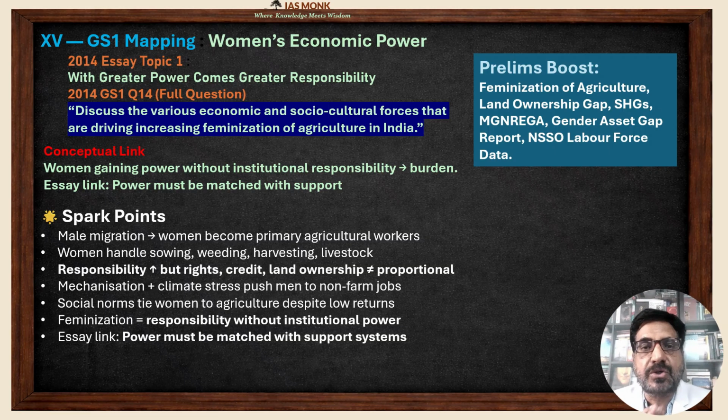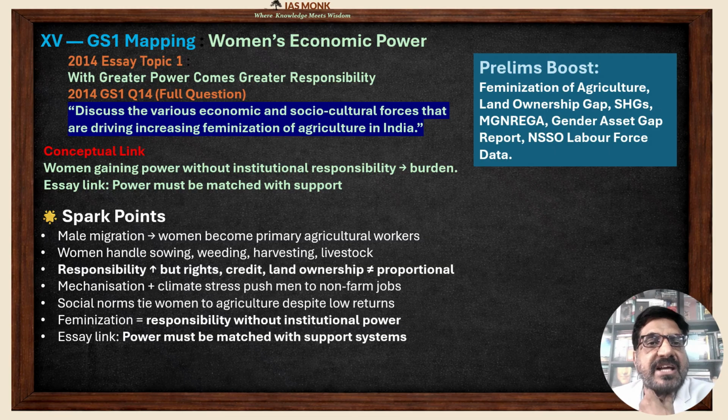Yet this growing economic responsibility is not matched by institutional support, land rights, credit access, or recognition. Socio-cultural norms assign women the responsibility of sustaining households and farms even as they face limited control over assets and income.